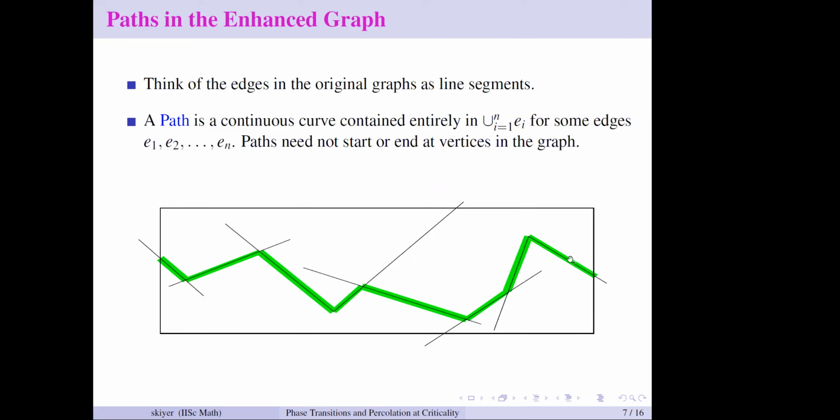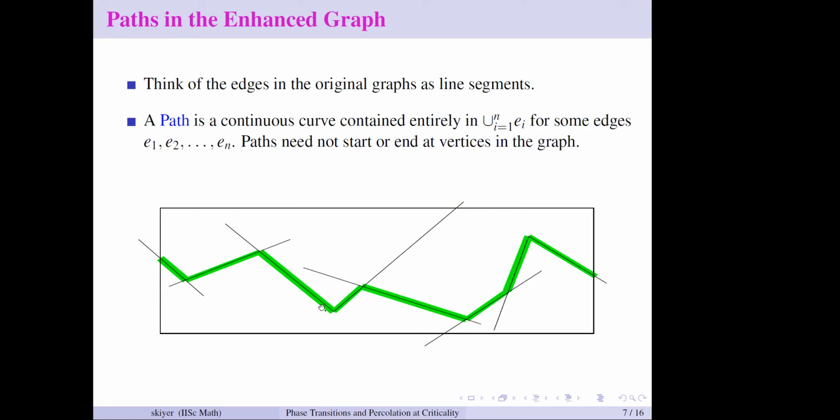To put it another way, you think of these edges as line segments, and a path in my graph would be contained entirely in some union of edges, where each subsequent one overlaps with the previous one. An illustration is given here.